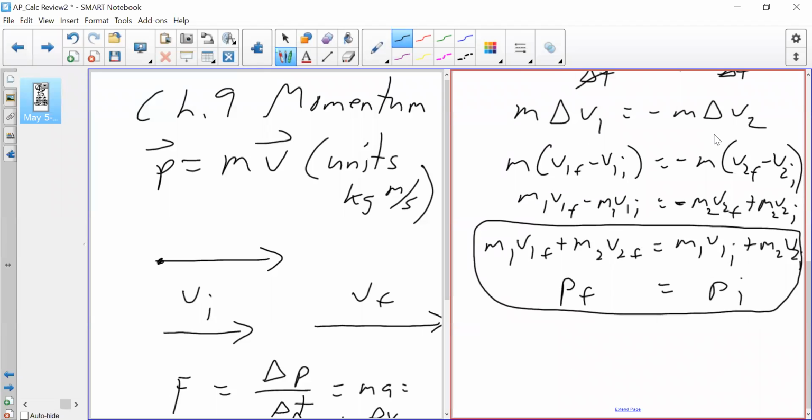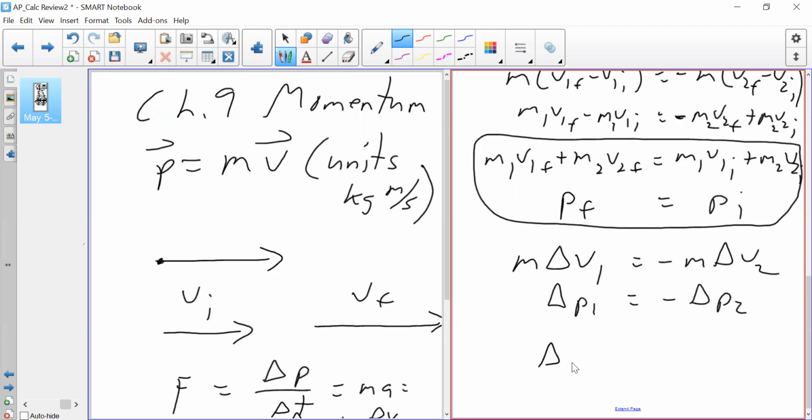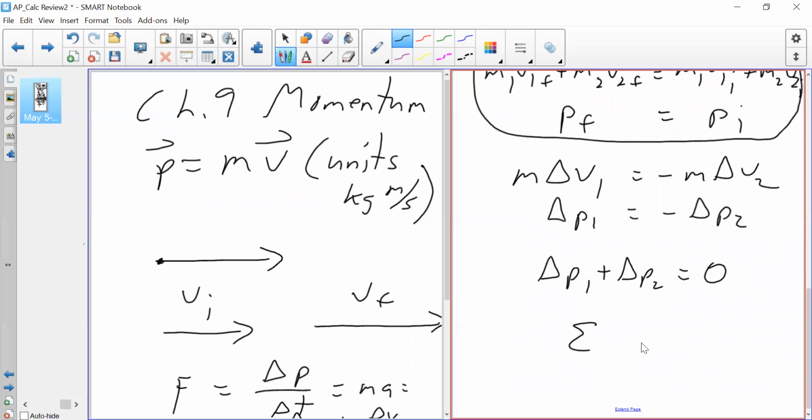So if we just take this further, delta V1 equals negative delta V2, because we cancel out the times. And this is delta P1 equal and opposite delta P2. And then if you add them together, that's why you get this sum of the changes.